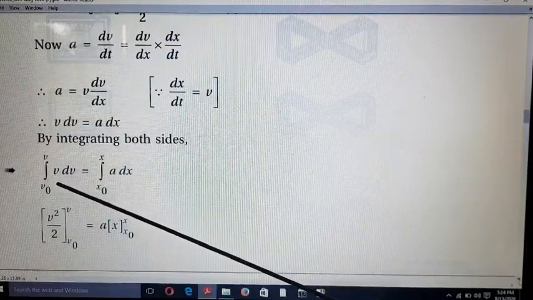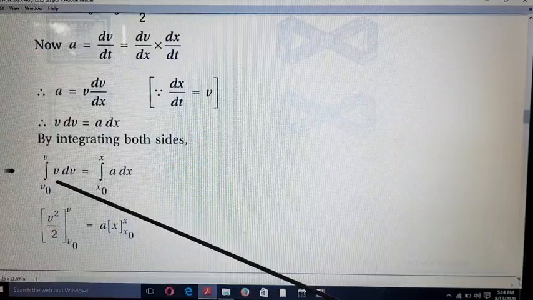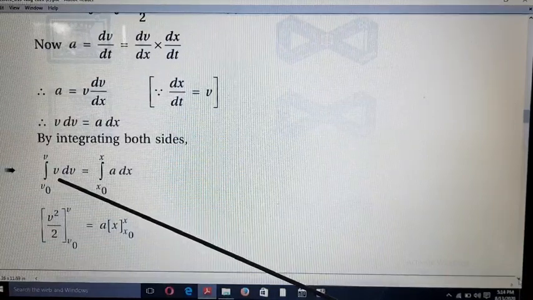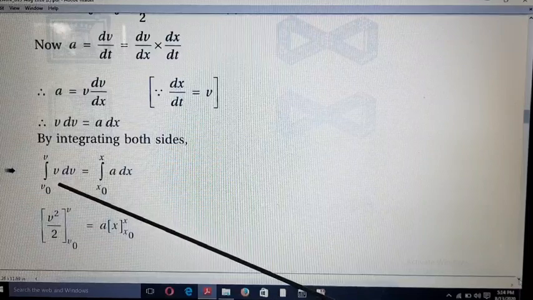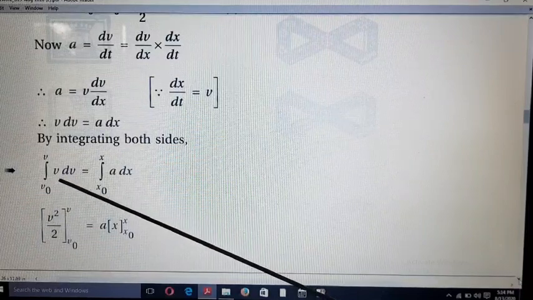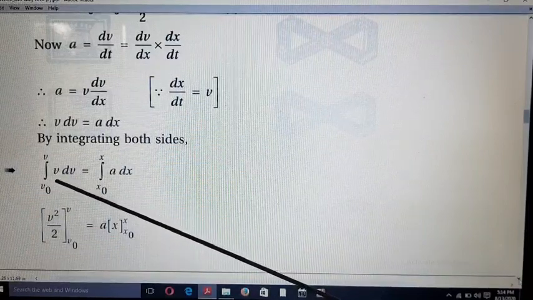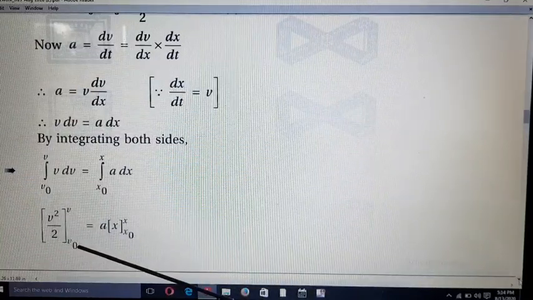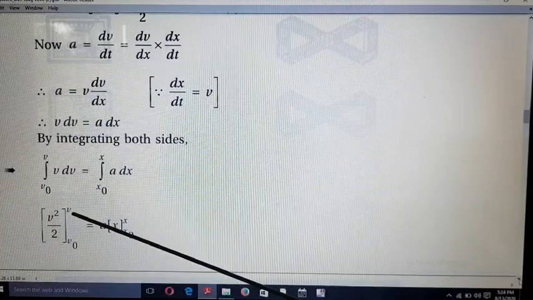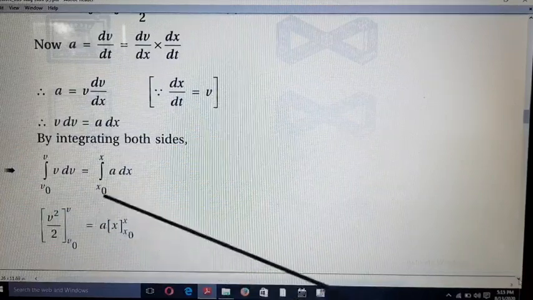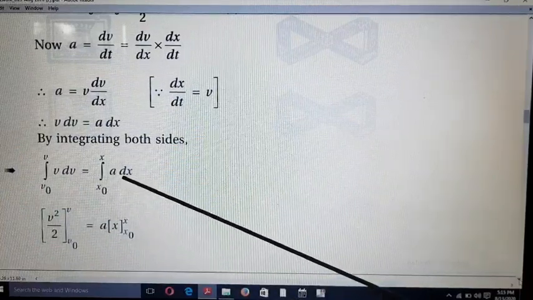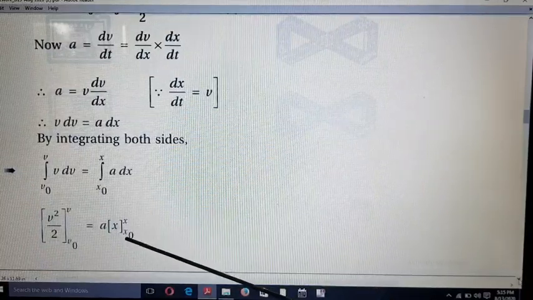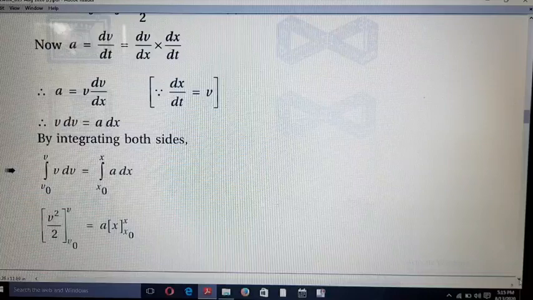Friends, according to our formula, the integration of x raised to n dx is x raised to n plus 1 upon n plus 1. The integration of v dv is equal to v square by 2, from v0 to v, and a is a constant and the integration of dx is x, from x0 to x.